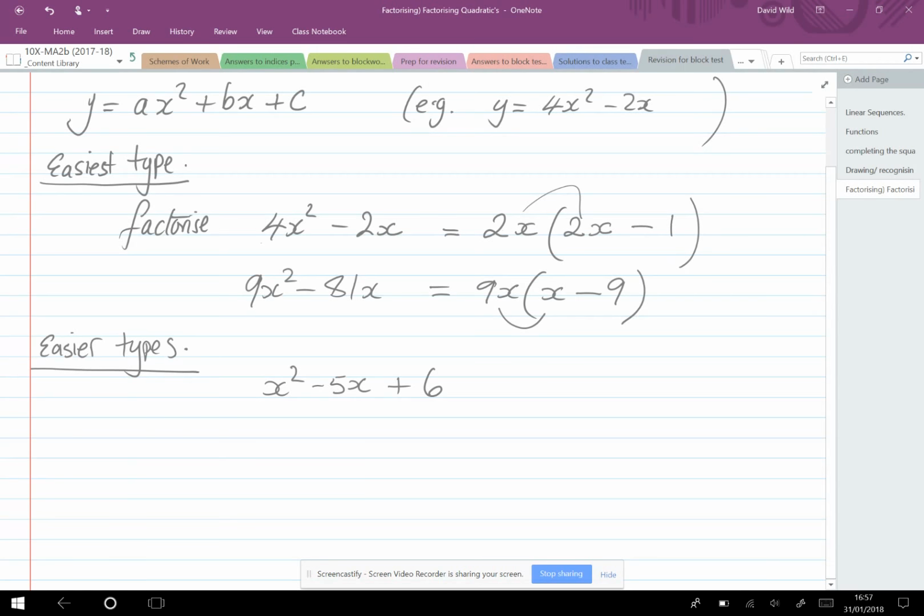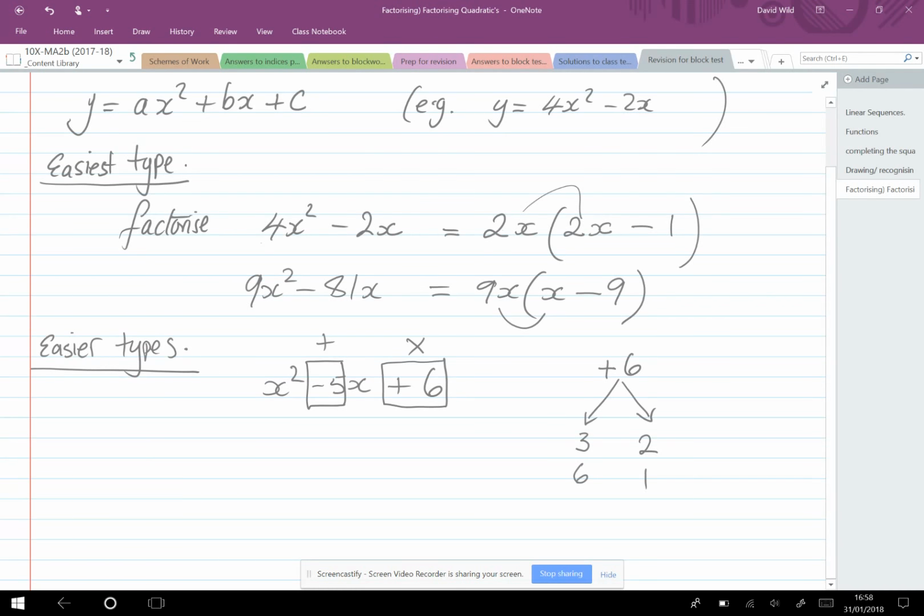What we're trying to do here is we're trying to think of two numbers that multiply to give this plus 6 and add to give this. I find the easiest way to do that is to put a factor tree. So put your plus 6 at the top of your factor tree, and you're going to think of two factors that give you 6, two things that multiply to give 6. So we could have 3 and 2, or we could have 6 and 1.